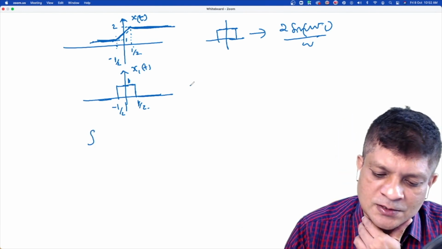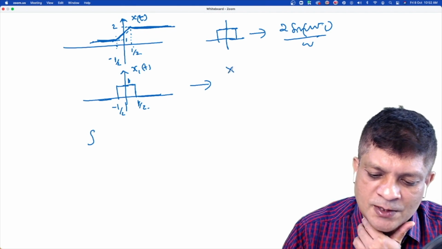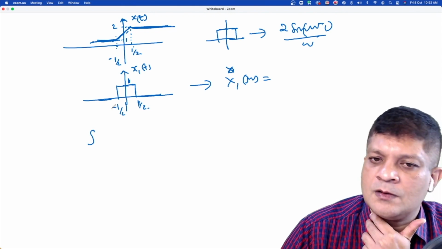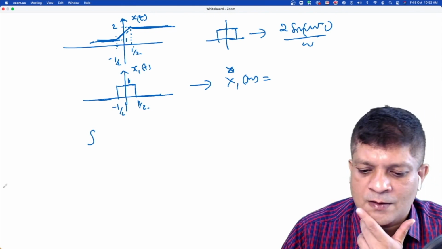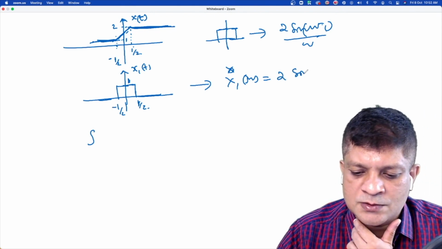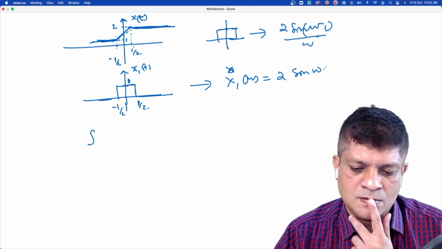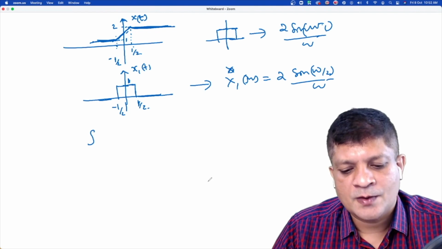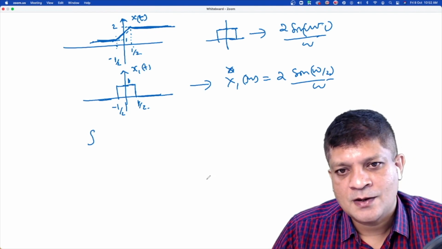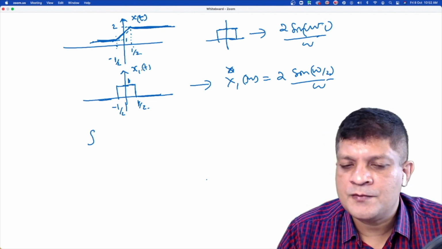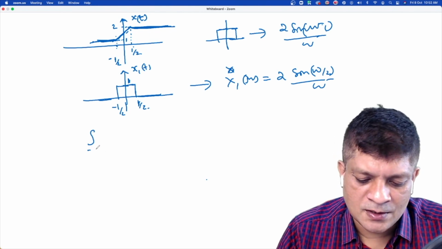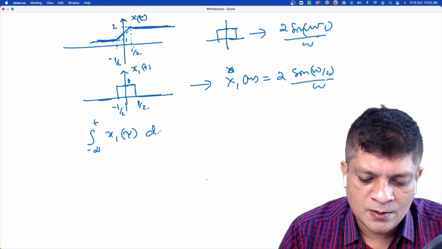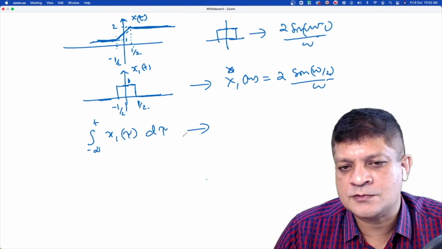What is the Fourier transform of this, X1(j omega)? It is 2 sine omega by 2 by omega, isn't it? If we apply the integration property, the integral from minus infinity to t of x1(tau) d tau, what is the Fourier transform?